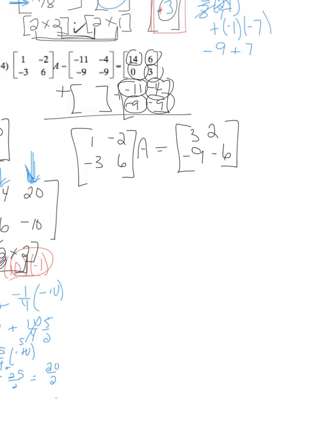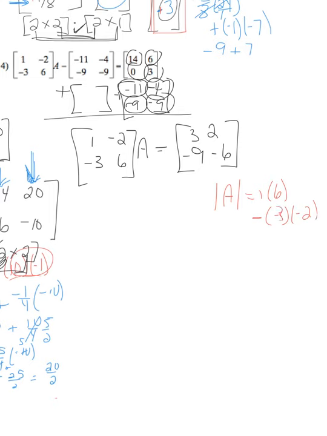Okay, so I need the inverse of A over here. So let's take the determinant. The determinant is going to be these two minus these two. So it's going to be 1 times 6 minus negative 3 times negative 2.